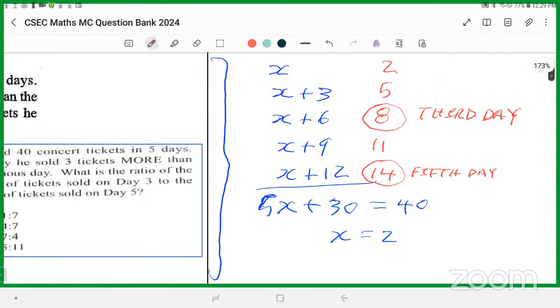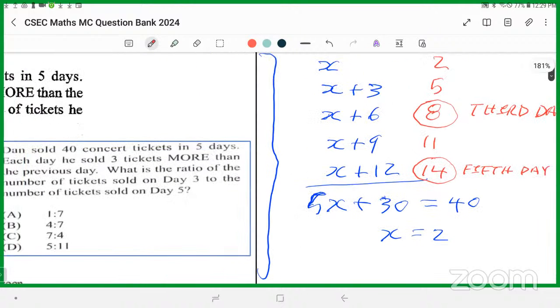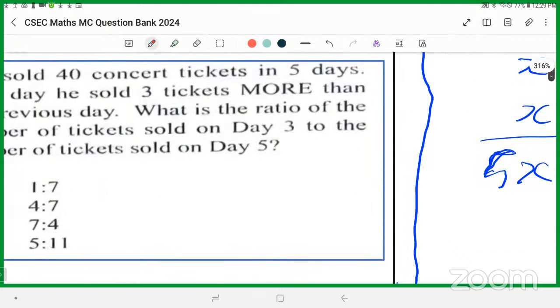So the third day to the 5th day is 8 to 14, which reduces to 4 to 7. So the answer is 4 to 7.